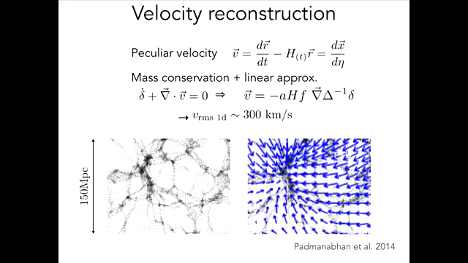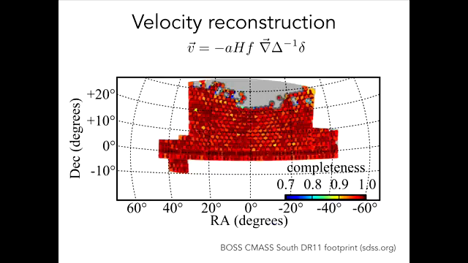So that's basically all of what this equation says. And this is how the velocity reconstruction method works. Let me just illustrate to you how this works. This is velocity reconstruction data from Kendrick and Marina Vargas Magana that I'm going to be showing to you. So this part was really crucial in making the project possible. What you see here is the footprint of BOSS, which is a spectroscopic galaxy survey on the sky. So this is just a map on the sky.